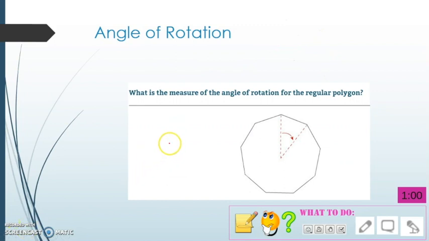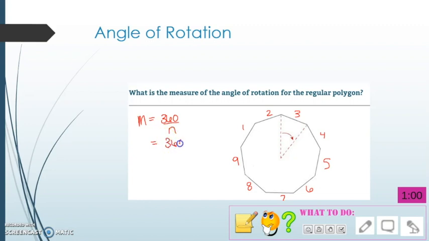So let's put that in action. What is the measure of the angle of rotation for the regular polygon? Well, let's start with the formula. The measure of the angle of rotation is 360 degrees divided by the number of sides. Since n represents the number of sides, let's count how many sides are on this shape. 1, 2, 3, 4, 5, 6, 7, 8, 9.